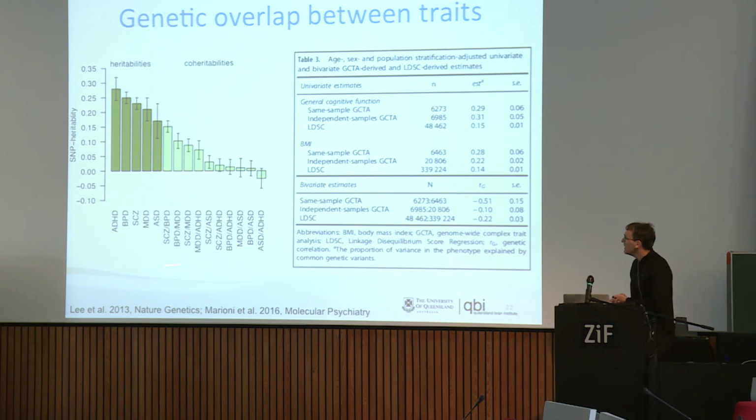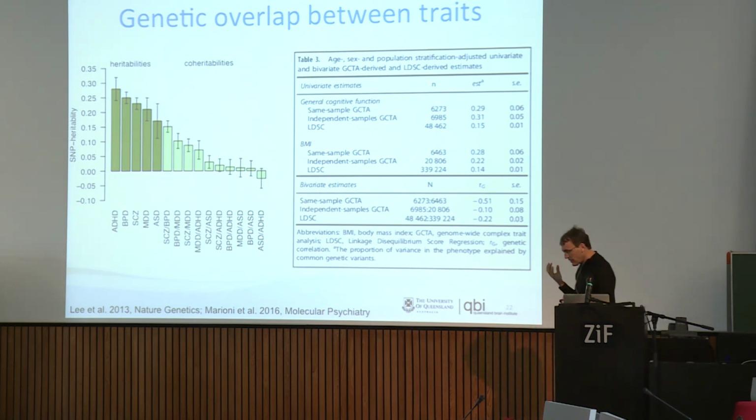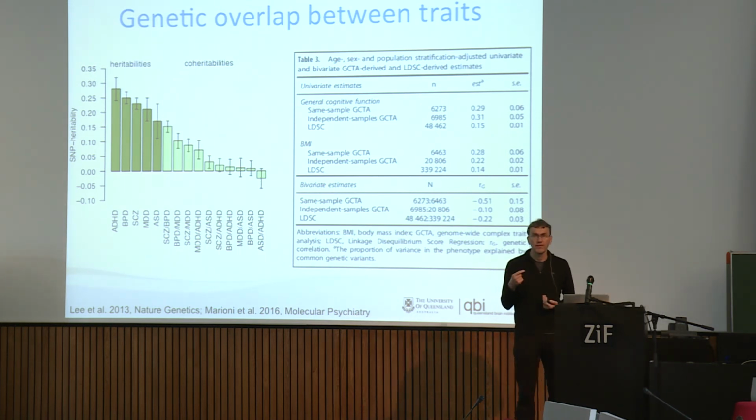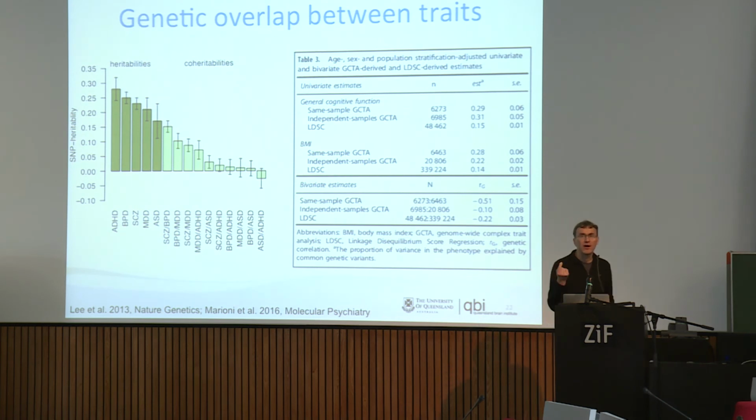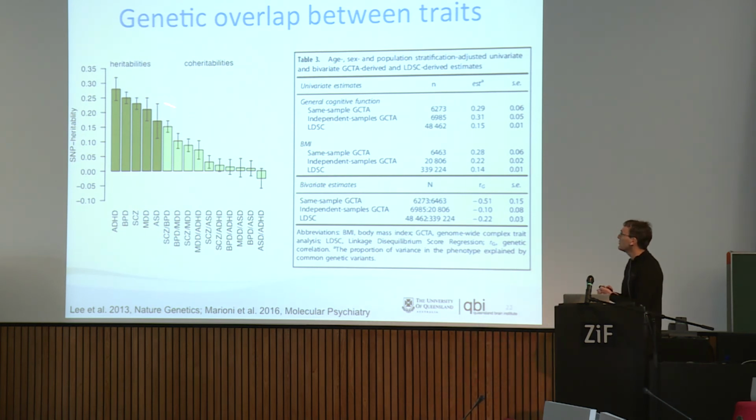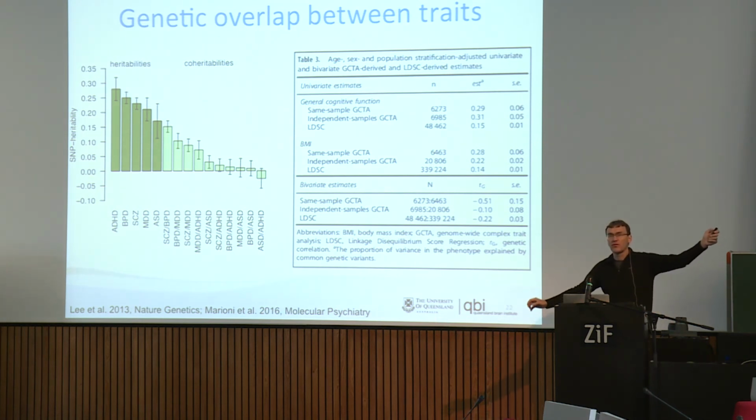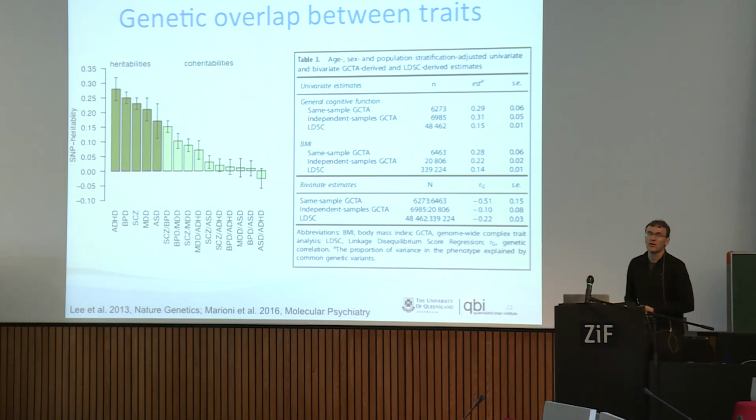And here is an estimate of what's called co-heritabilities, which is just a scaled genetic covariance. It's essentially the genetic correlation times the square root of the 2 heritabilities that you capture from the SNPs. And these are experiments on different people. These are case control studies on one disease, case control studies of another disease, no individuals in common, but the SNP data linked them, and you can exploit that to estimate these parameters.